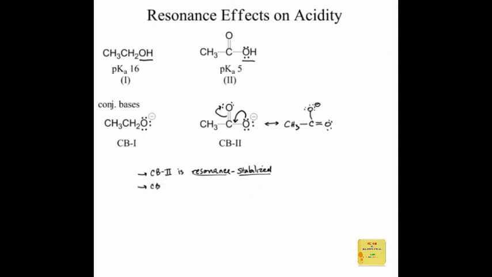Okay, that tells us that conjugate base 2 is the more stable, weaker conjugate base. And that's why conjugate base 2 has the stronger parent acid by far. A pKa of only 5. Okay, so resonance will have a tremendous impact on the acidity of a compound.